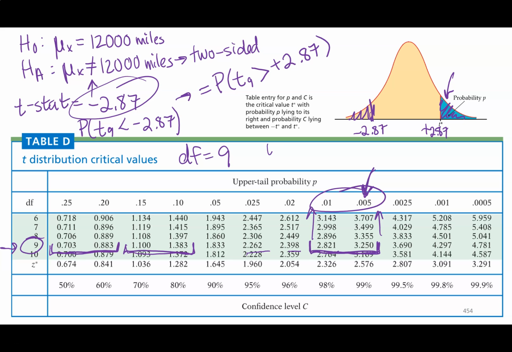So my one-sided p-value is between 0.005 and 0.01. However, we don't want a one-sided p-value, right? It's a two-sided test. So I'm going to multiply everything by 2. So all of these by 2. So I'm going to get 0.01. And now I have a two-sided p-value.